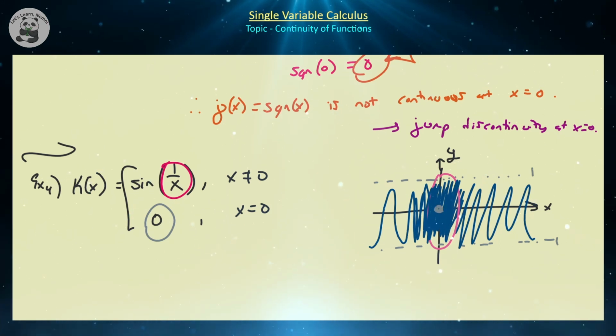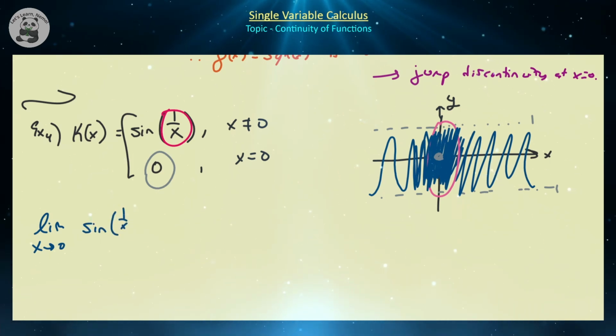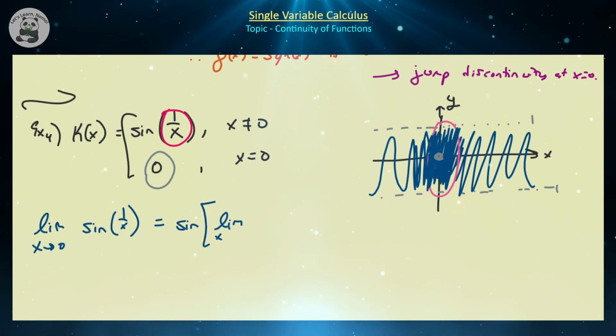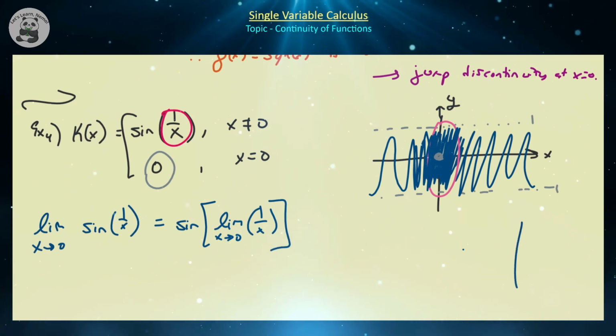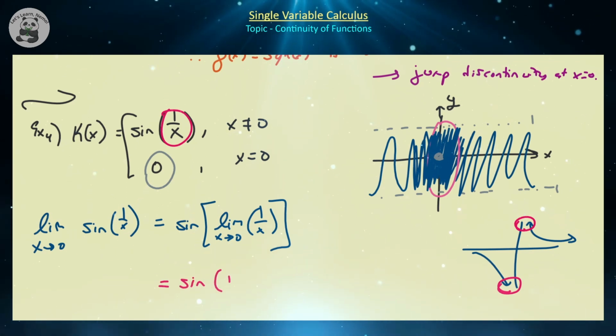If we analyze this from the algebraic perspective, maybe we can see something here. The limit as x approaches 0 of sine of 1 over x is equal to the sine of the limit as x approaches 0 of 1 over x. We know that the 1 over x function, sometimes called the reciprocal function, has this particular graph. We approach positive infinity from the right and minus infinity from the left, so if we abuse notation, this is equal to plus or minus infinity.